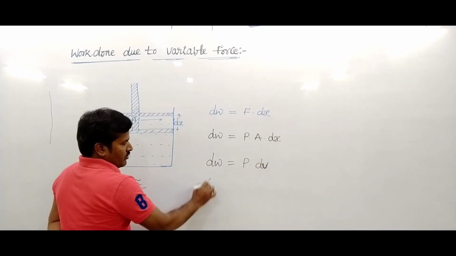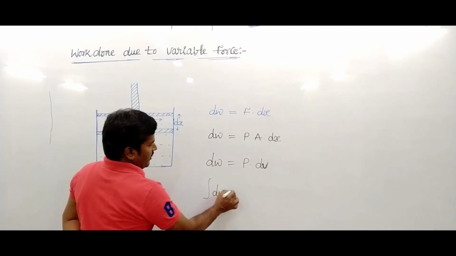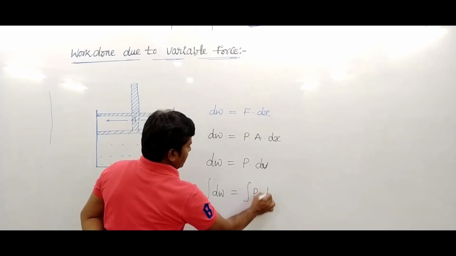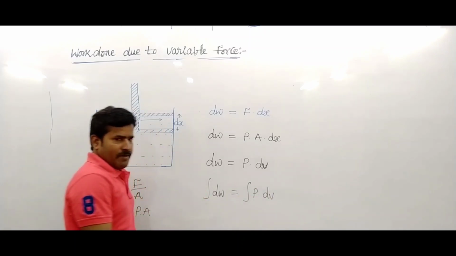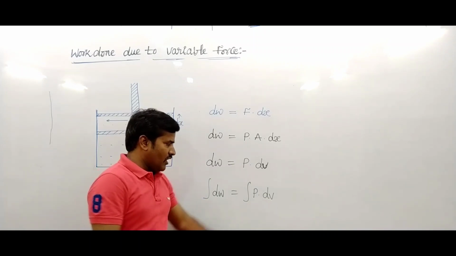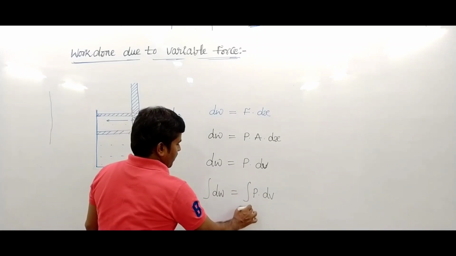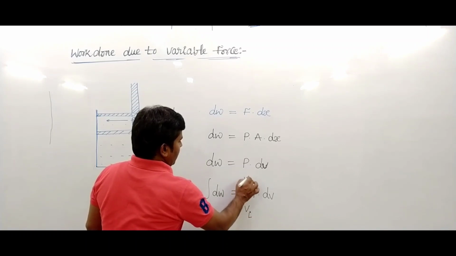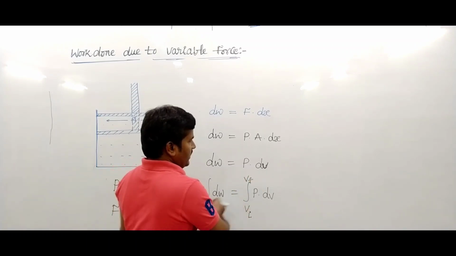So integrating on both sides: the integral of dW equals the integral of P into dV. The variable quantity here is volume, with initial volume Vi and final volume Vf.